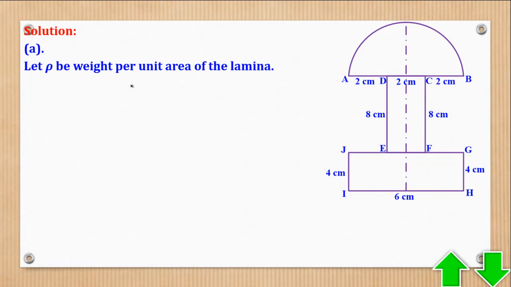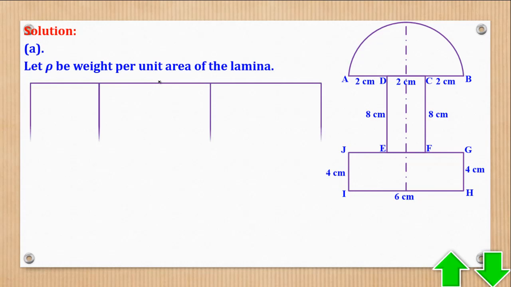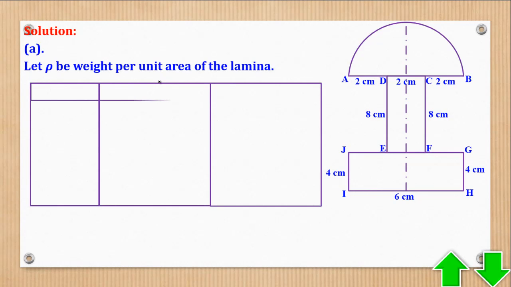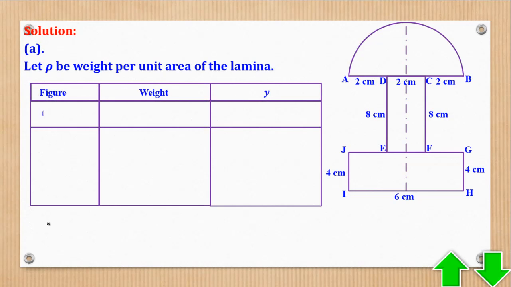So let rho be the weight per unit area of the lamina. Then we tabulate. We need the column of the figure, the weight, and the coordinate. So we start with GHIJ. We shall start with this lower one. Weight is area times rho. Then the y coordinate, half of 4.